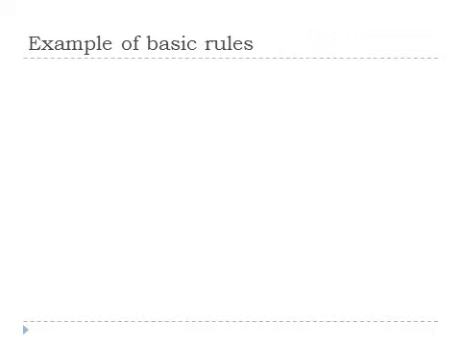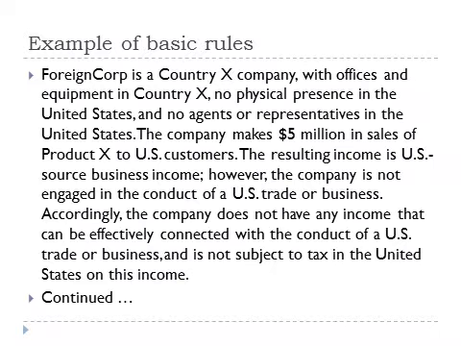Let's take a look at a simple example to examine the basic rules for the taxation of business income. Foreign Corp is a Country X company with offices and equipment in Country X, no physical presence in the United States, and no agents or representatives in the United States. The company makes $5 billion in sales of product X to U.S. customers.